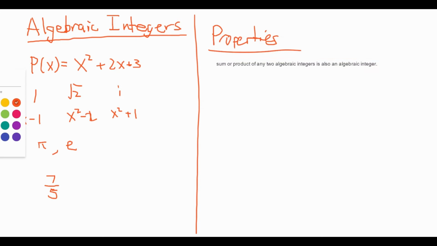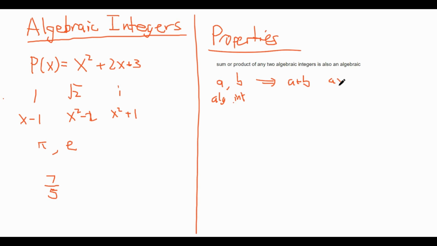So what I mean by this is that given an algebraic integer a and an algebraic integer b, these are both algebraic integers, then it follows that a plus b and a times b is also an algebraic integer.